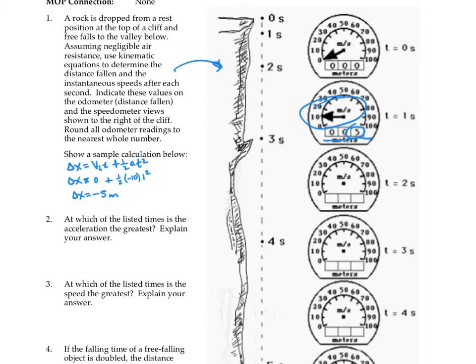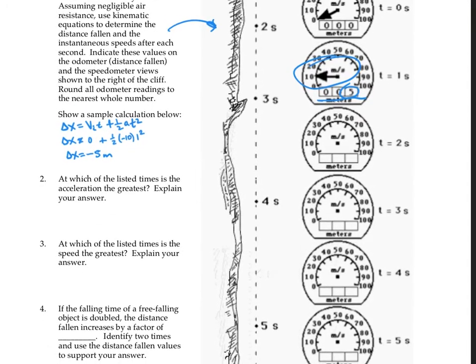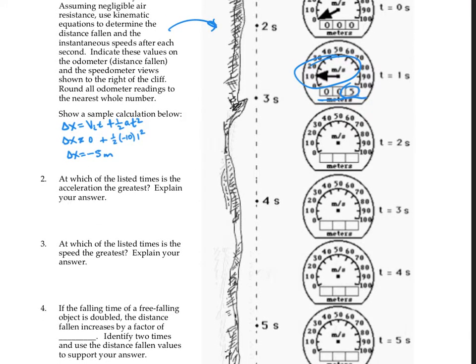So my displacement would be 5 meters there. First, let's go through all these speedometers and figure out the speeds. If after 1 second it was 10 meters per second, which I know is a negative 10 for velocity, what is going to be the speed after the next second? Well, the acceleration is still negative 10, so I'm going to add a negative 10 to that velocity, which makes it negative 20.